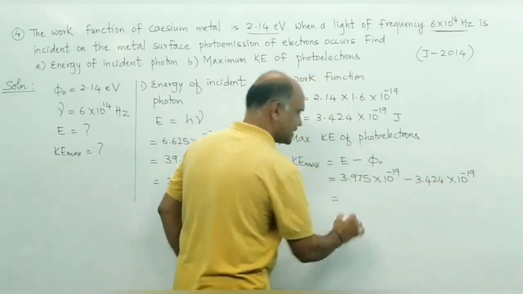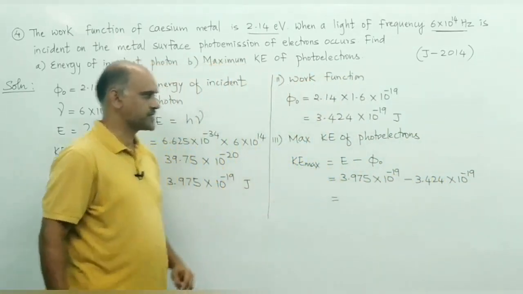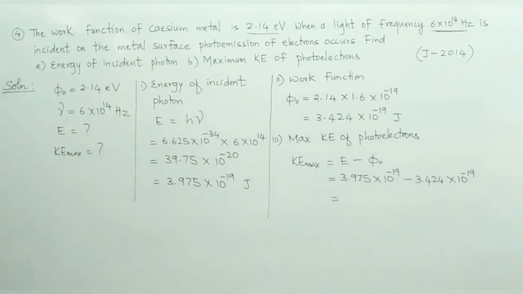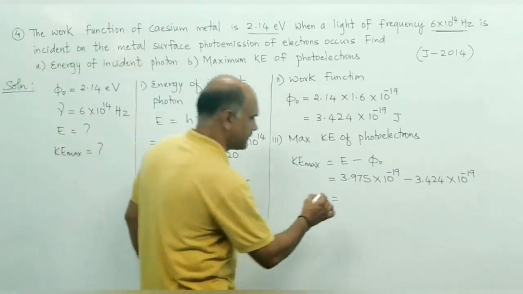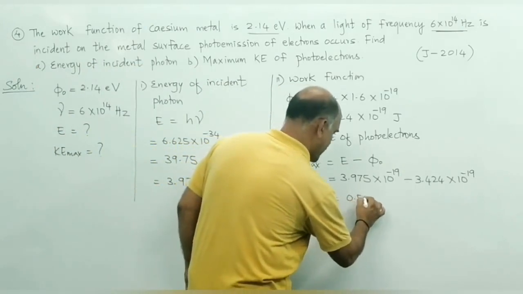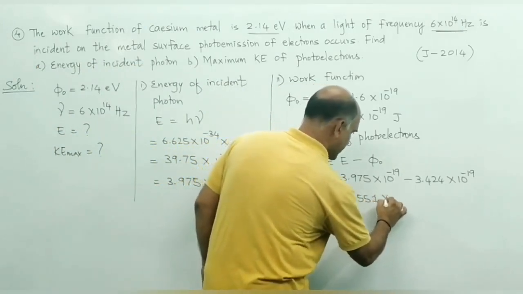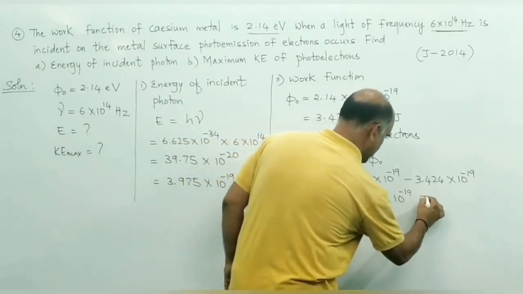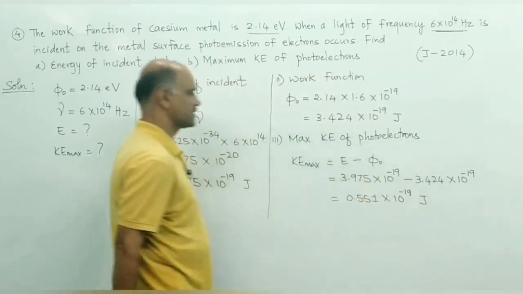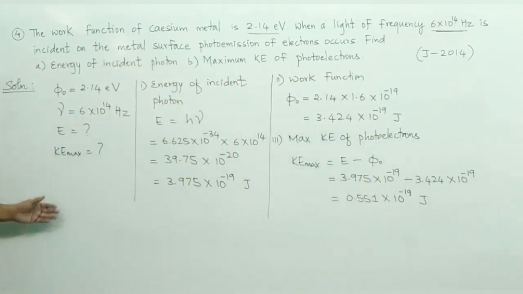So subtract, using calculator, I will have maximum kinetic energy, that is 0.551 into 10 raised to minus 19 joules.